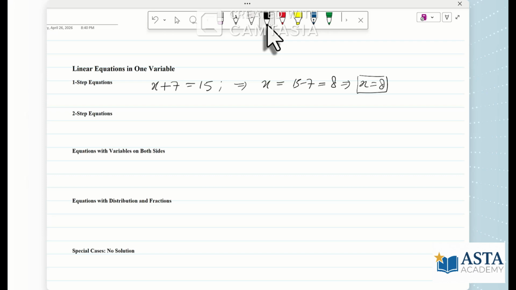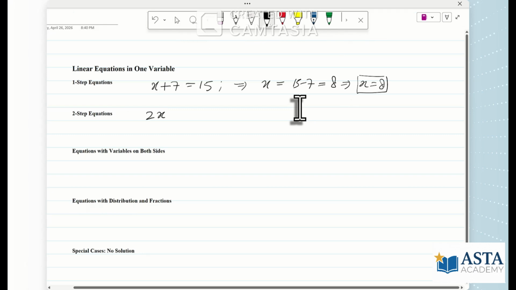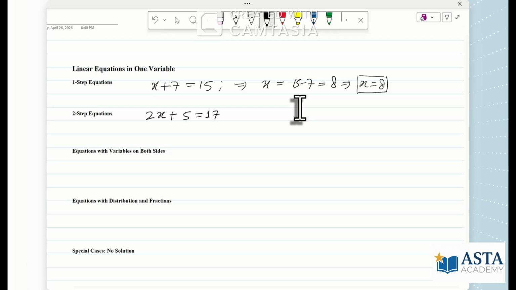Okay. Then sometimes a linear equation may need a couple of steps to solve for x. For example, you may have an equation of something like this: 2x plus 5 is equal to 17. So here you see that first you have to use addition or subtraction and then division.